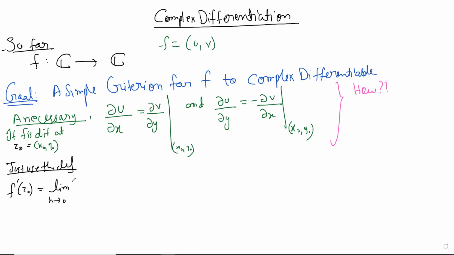That is what is known as a sufficient condition. Obviously, if something is not complex differentiable, then your sufficient criteria may not be able to describe it.